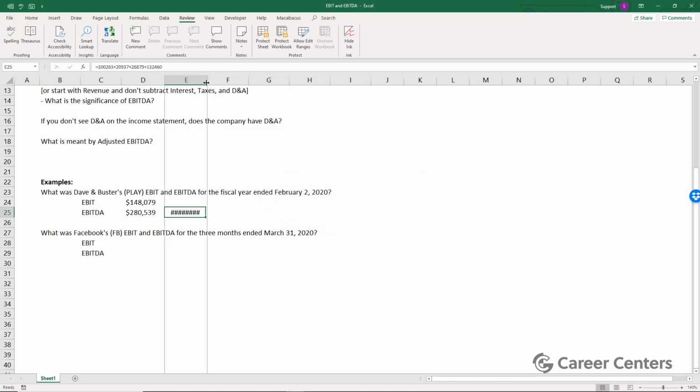And you'll see that our answer is the same. So either you can start with operating income and add back D&A, or you could start with net income and add back interest, taxes, depreciation, and amortization.